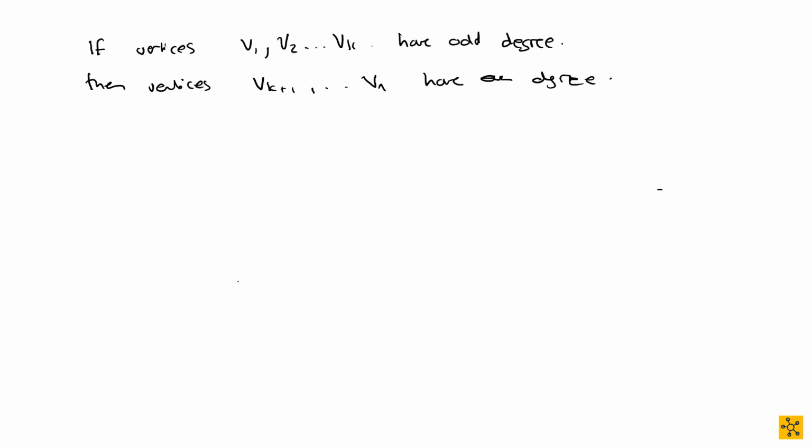The reason being, it could hold for the previous one, where our k would be equal to 4, and it can hold for the case where, well, we can't have one vertex of odd degree, but it will hold for the situation where, say, k is equal to 2, and so on. So it's the general case, because remember, when you're doing a proof, you need to prove the general case, not just one example.